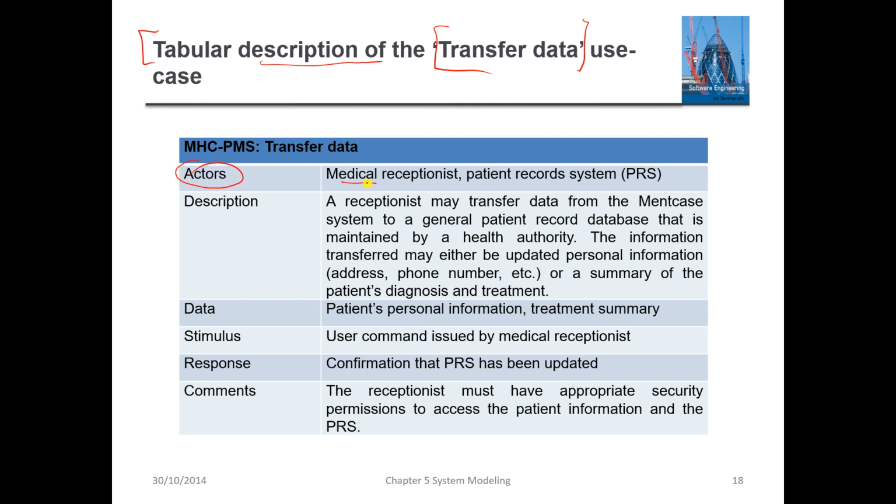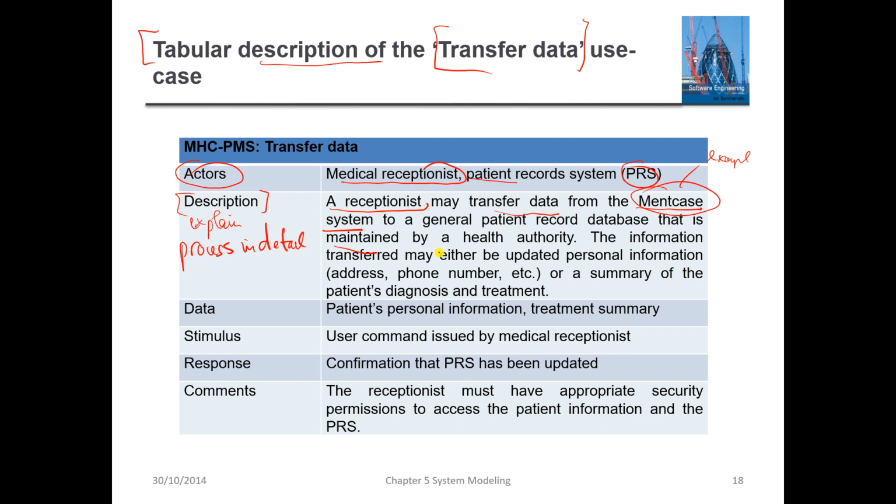Here you have two actors: the medical receptionist and the patient record system. The description explains the process in detail: a receptionist may transfer data from a main case system, which is a kind of application, to a general patient record database that is maintained by a health authority.